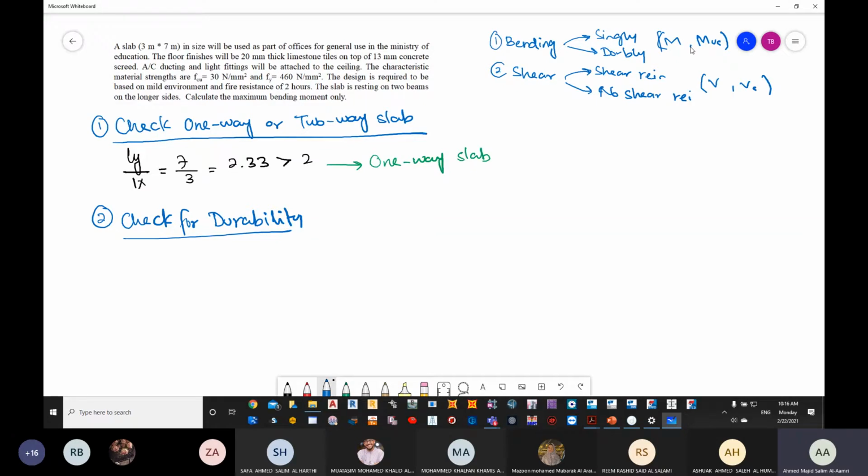So once again, the slab can fail either in bending or in shear, or it can fail in deflection.